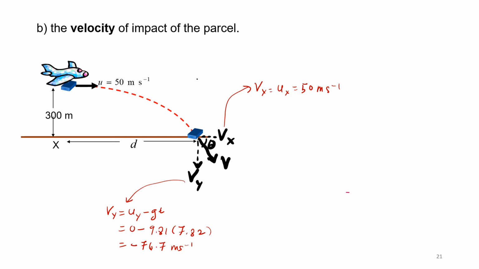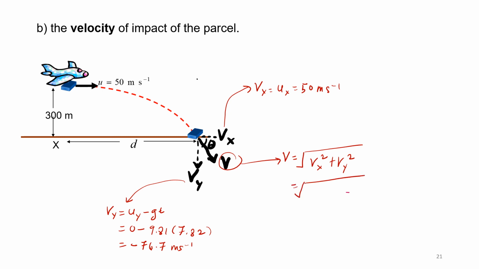After that, we calculate the velocity. We use the Pythagoras theorem. V equals square root of Vx squared plus Vy squared.